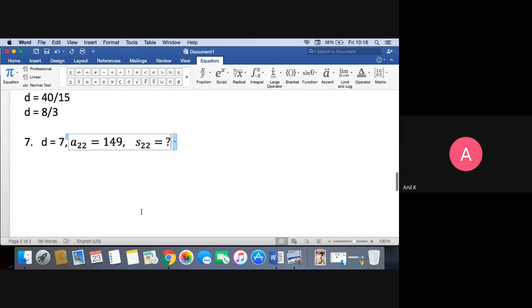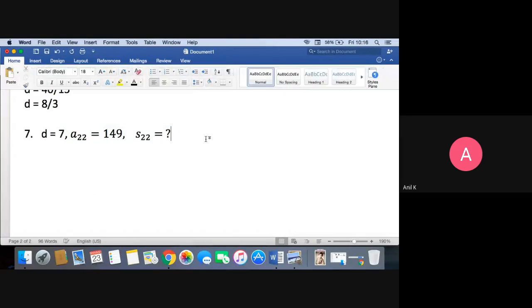So in the exam also, write the questions this way. First note down what values are given, then think how to solve it. A22 formula is A plus 21D, which equals 149.